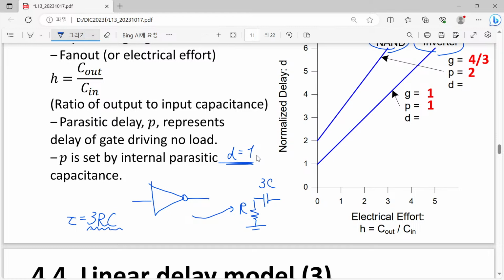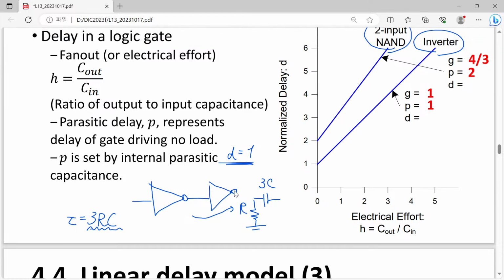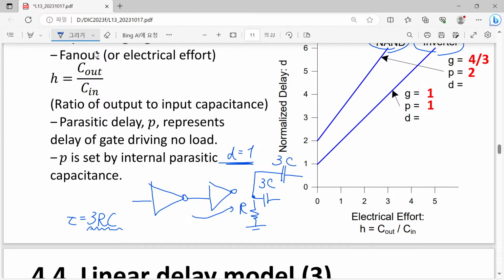Since we are normalizing our propagation delay with this 3 times RC, D will be 1 in terms of its parasitic delay. Okay, so now say if we add an identical inverter as its load gate, then what will happen? In this case, we must consider another one corresponding to 3C. So are you with me?